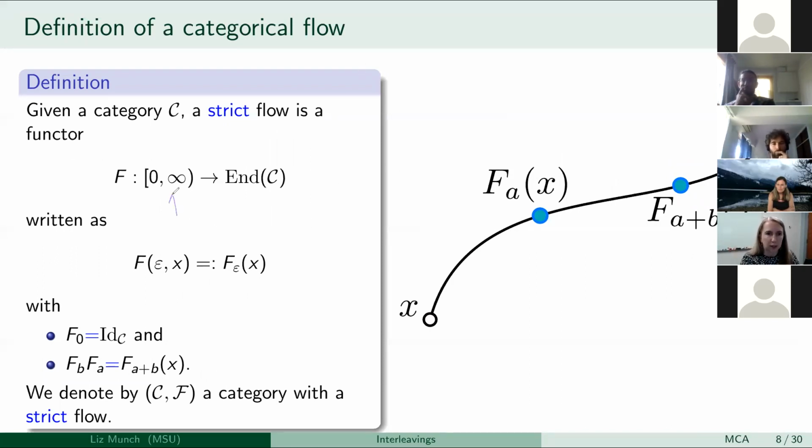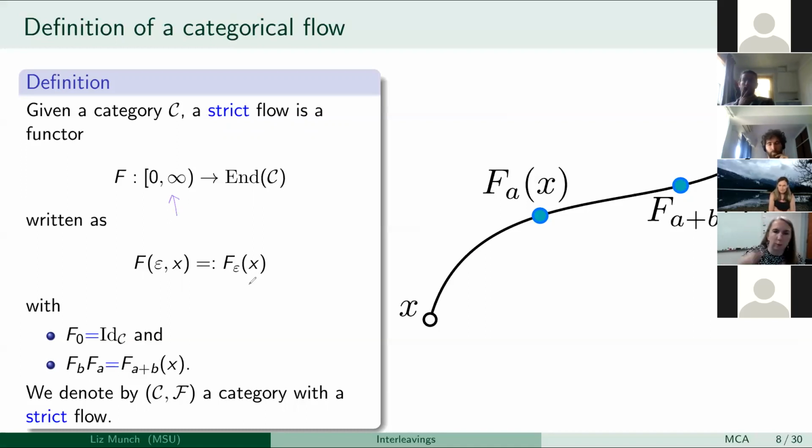I have a way of flowing objects in my category forward, so I can take my original object x, and I have a definition of what f sub a of x is. And this should play nice in the same sense as what we were doing in the metric space case. So if I flow by nothing, that should be the same thing as leaving my object alone.